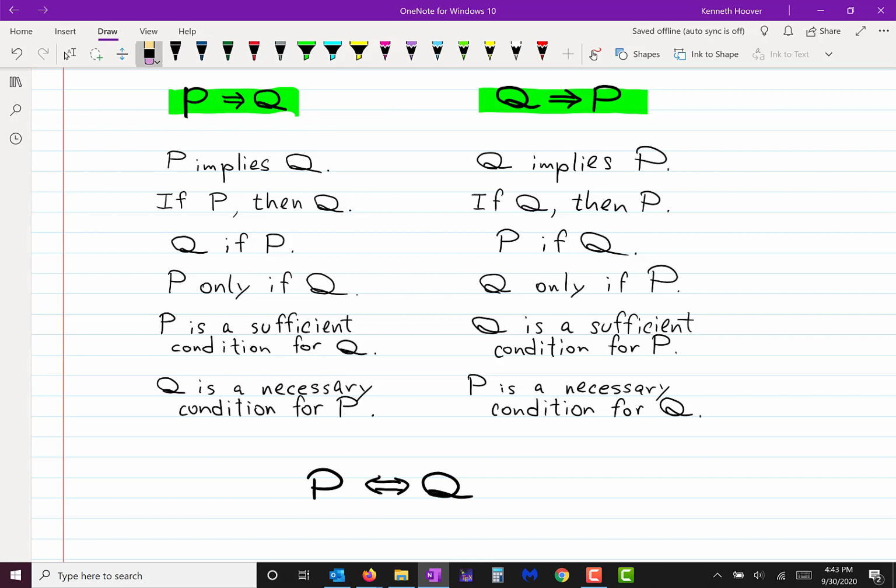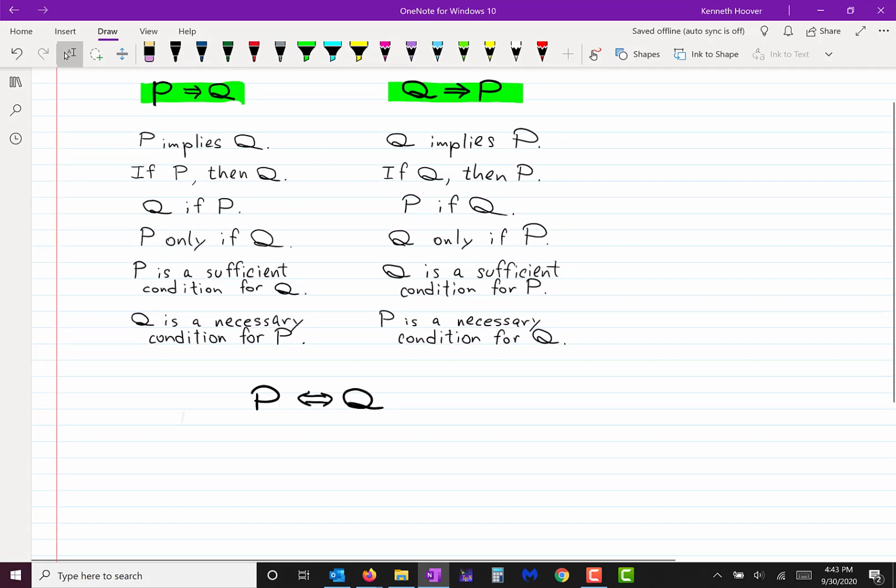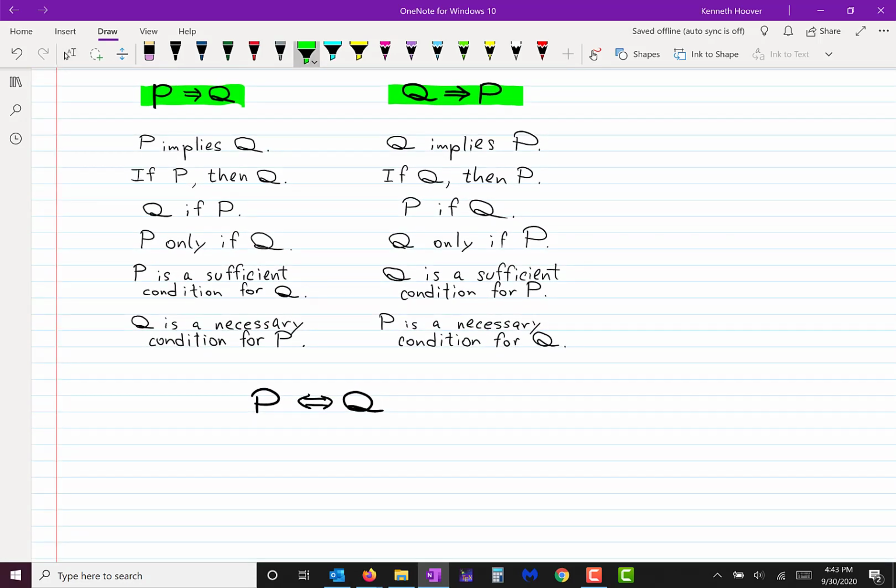So let's translate that in several different ways. We're not going to do it in 6 different ways, but let's do it in a few different ways. So when you see this, one way to read it, and this is kind of wordy, but it's certainly accurate, is to say P and Q imply each other.